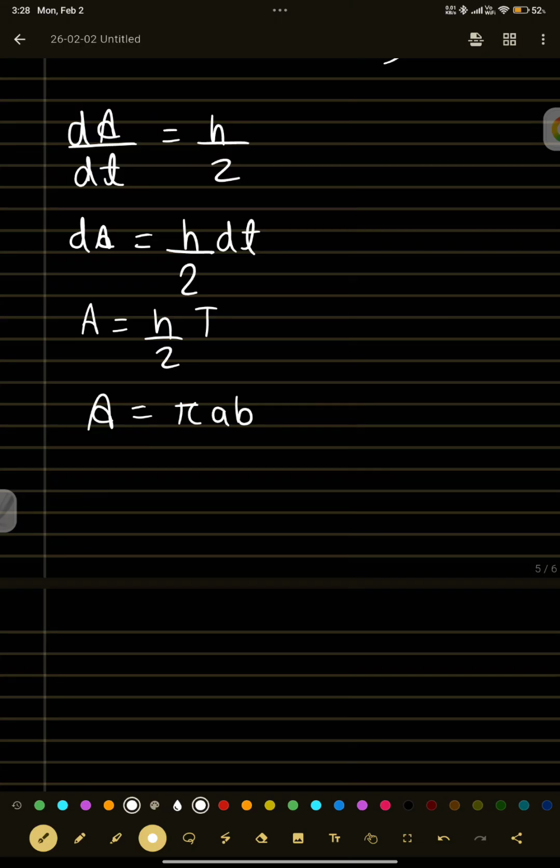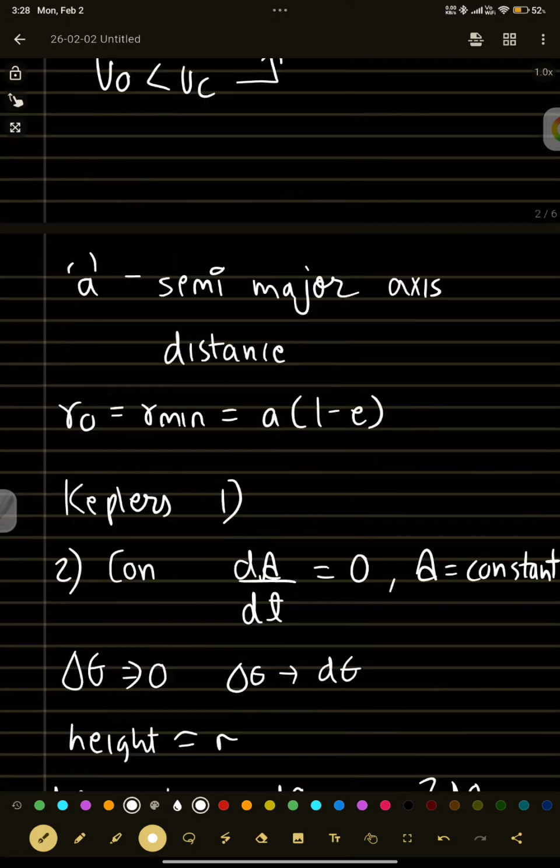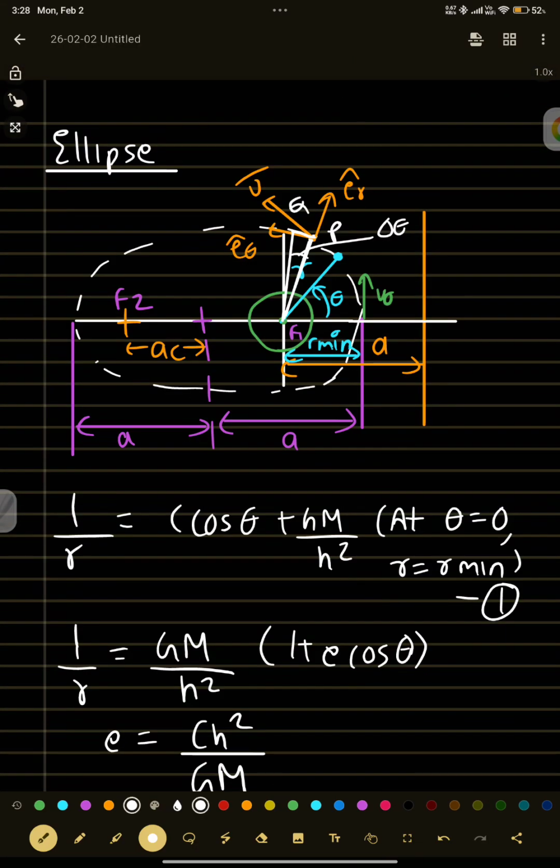You create one revolution and you will trace this ellipse. You know this theorem, right? If you choose any point on the ellipse, the sum of its focal distances must be equal to 2a, the length of the major axis.